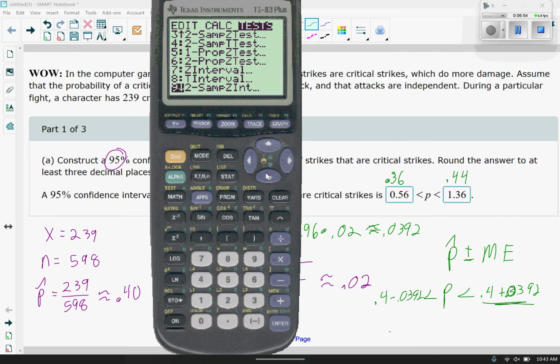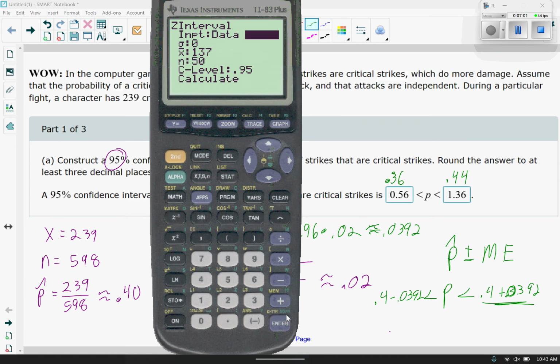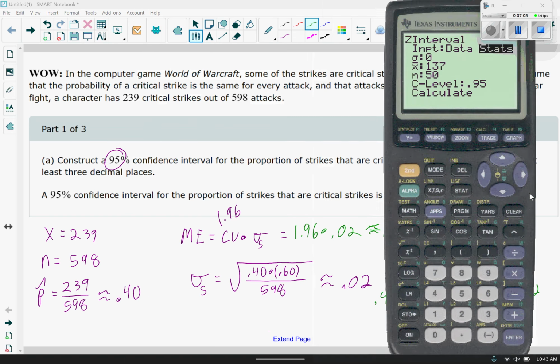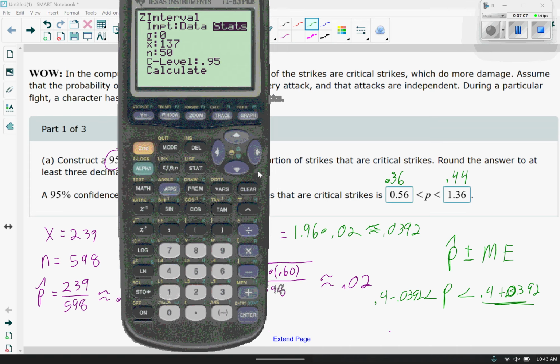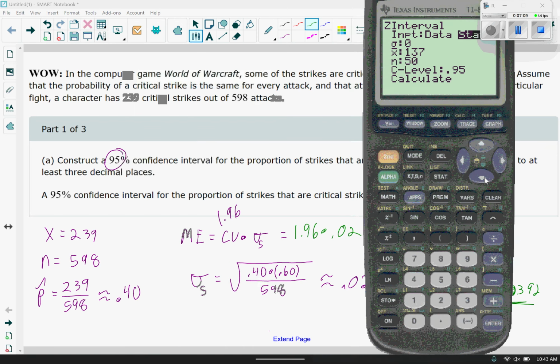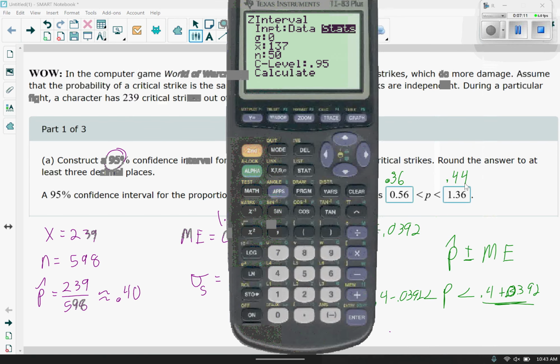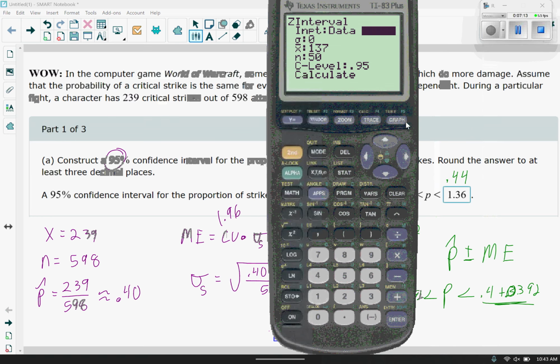But the interval ones are right here for whenever you're talking about a z or a t. So in our case, it's a z, and the reason why is because, actually, hold on, the standard deviation. Well, it doesn't matter because there are so many, so it won't make a difference.